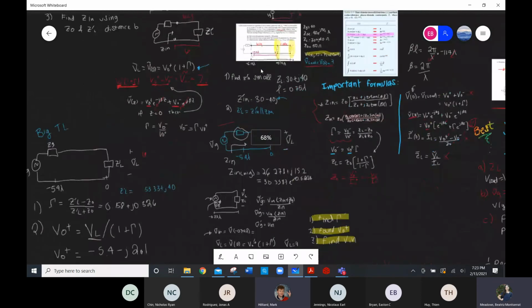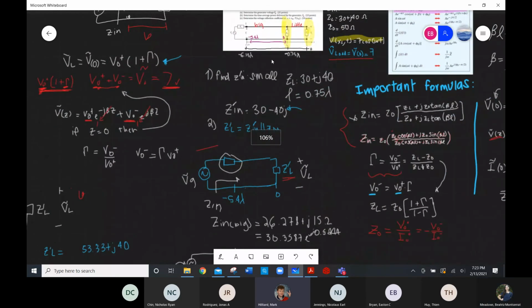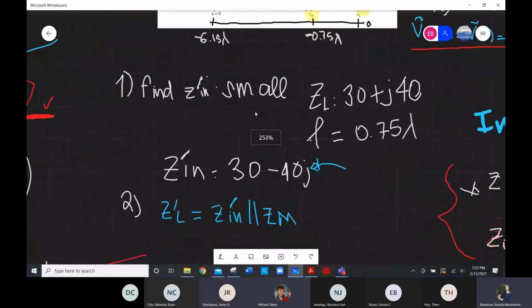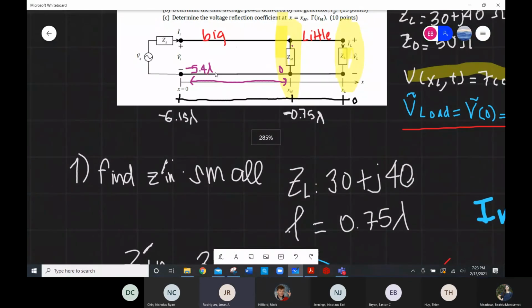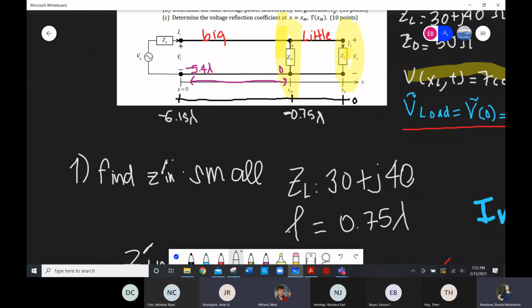The length is like the 6 point something, alrighty? 6.15 lambda. We'd be using negative 5.4 lambda, right? Oh yeah, right, sorry. I don't remember. Yeah. Remember that we shrink these, so this doesn't exist, and we combine those impedances in parallel, so we can reduce it to just this part, right?